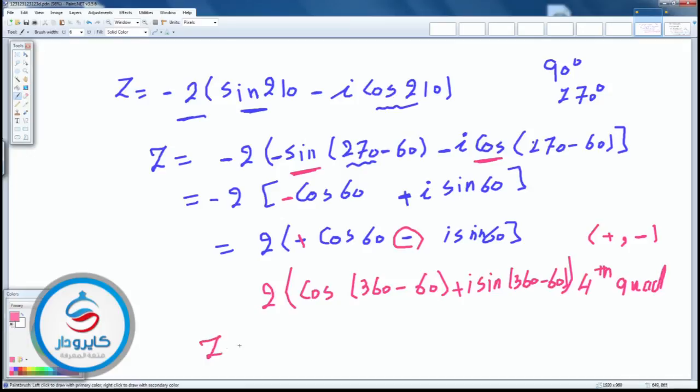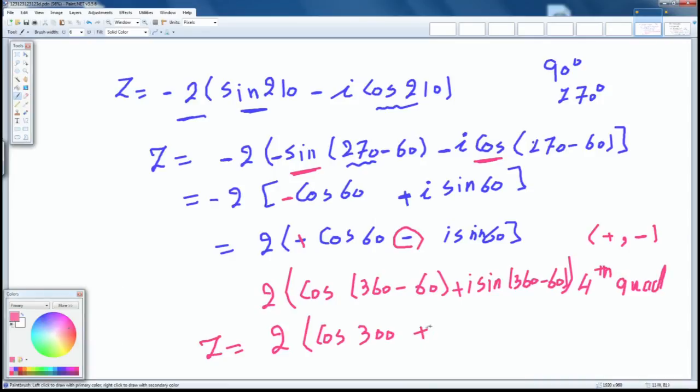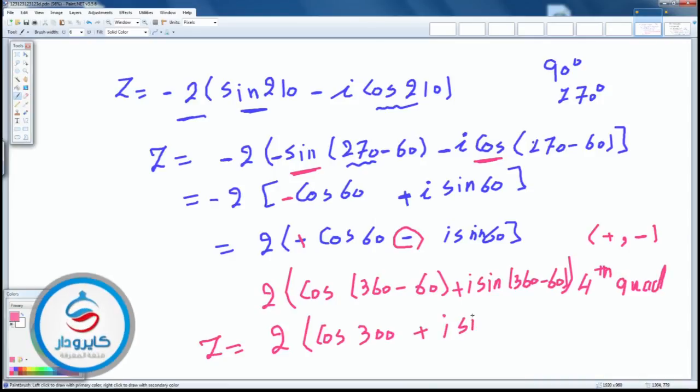So Z finally will be 2 cosine 300 plus i sine 300. So the modulus now R equals 2 and the argument or amplitude will be 300.